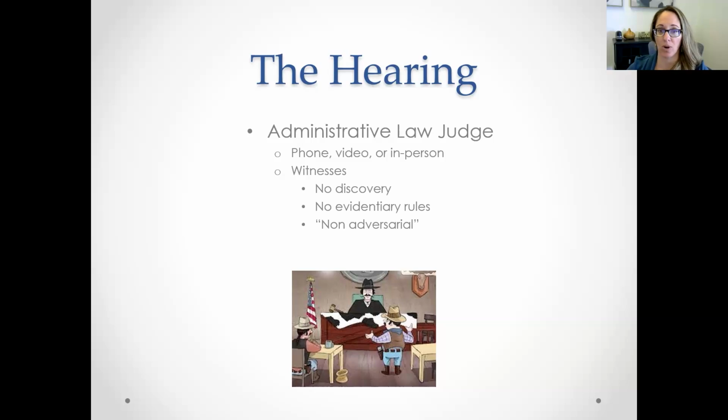There are also witnesses that are called. Almost in every hearing, there's a vocational expert or jobs expert who testifies about your past work and what jobs exist that people can do and not do, depending on their work limitations. The judge might also call a medical expert, or one or more medical experts.